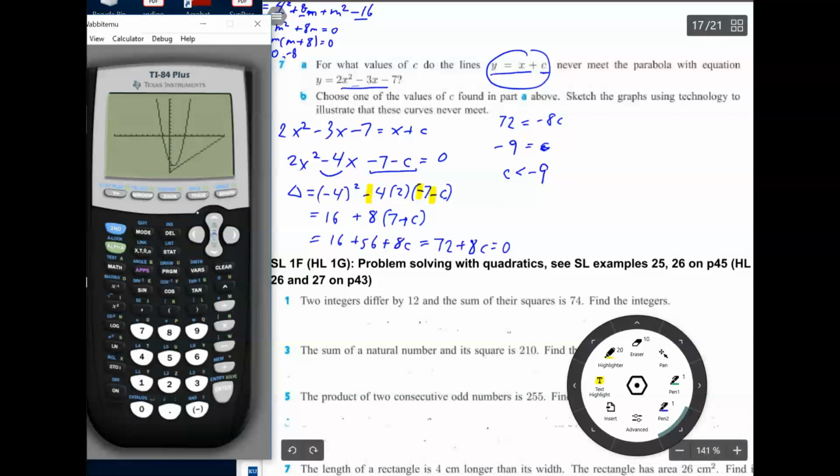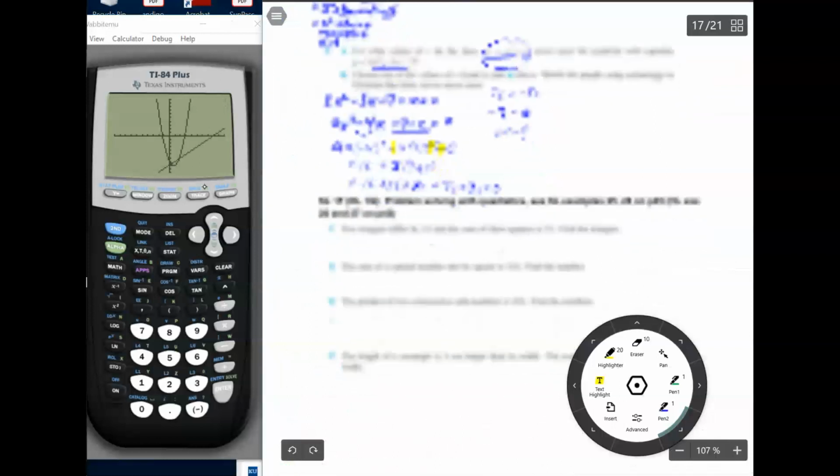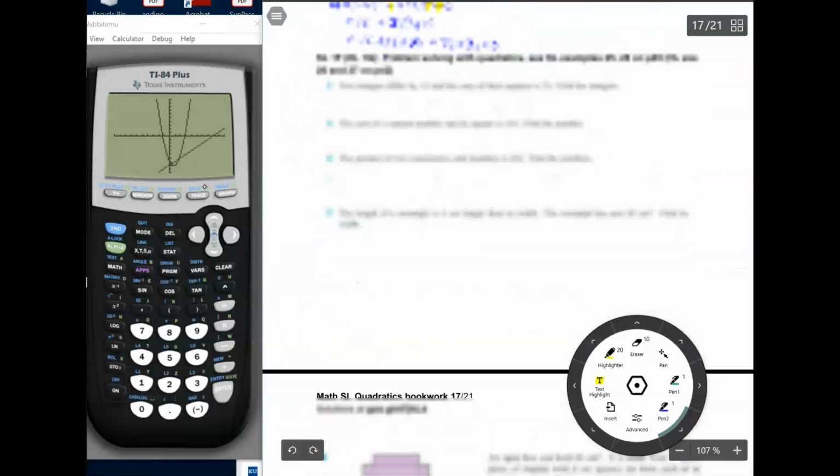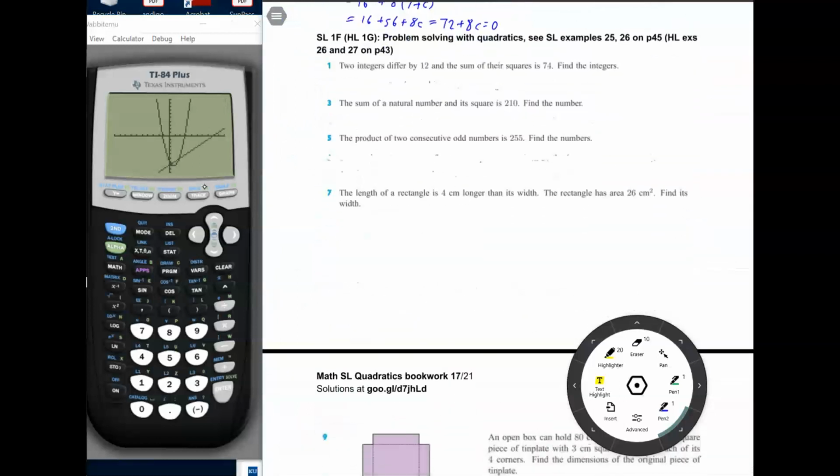Okay, so any value less than negative 9 is going to cause these two to not touch anymore. And I'm just going to do a value like negative 8, and then I will show you that it starts to intersect in 2 places instead. See? Okay. Perfect.